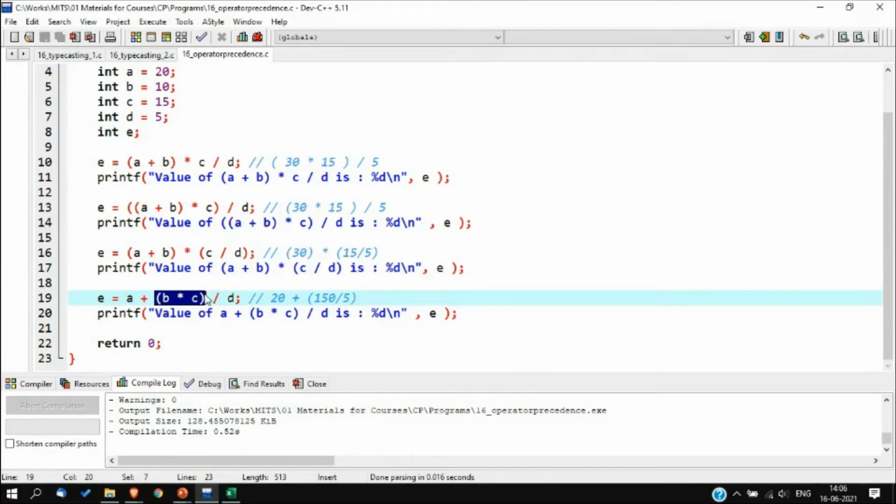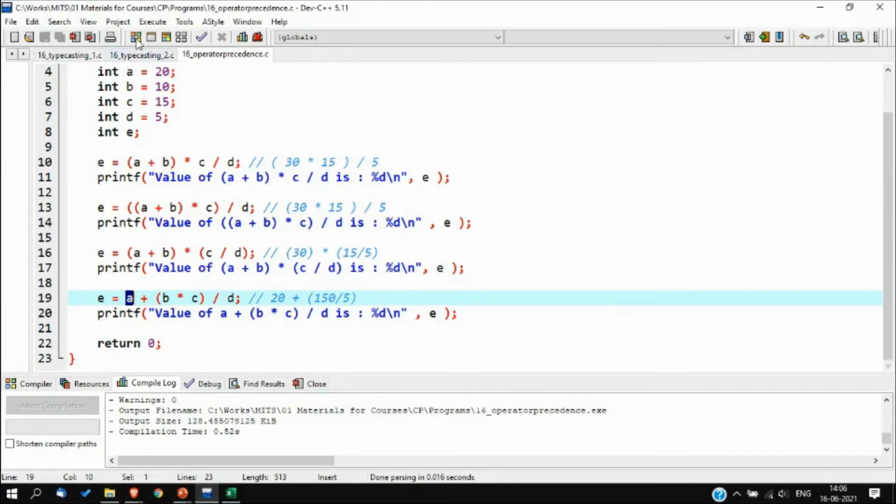So 10 into 15, that is 150. Then divided by D. D is 5. 150 divided by 5, that is 30. So whatever is towards the right of this plus symbol will be evaluated to 30, and A is 20. 20 plus 30, that will be 50. So this expression will be evaluated to 50.